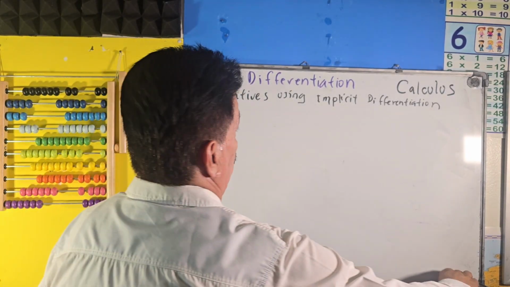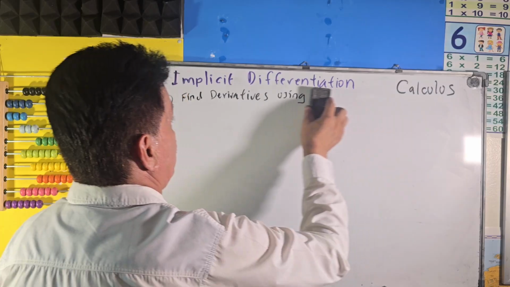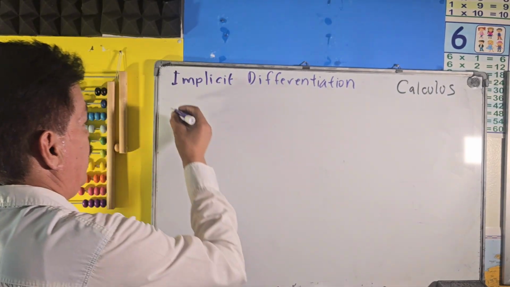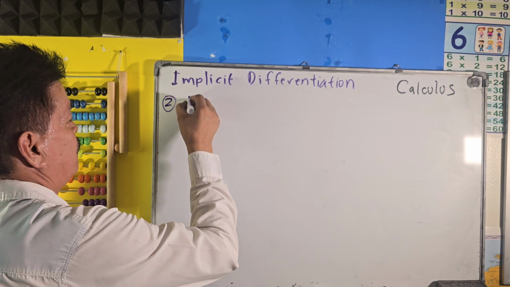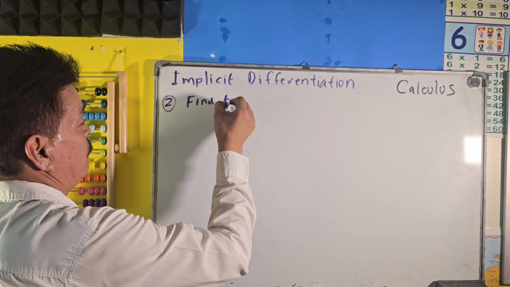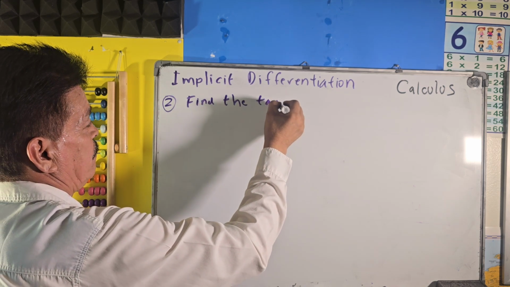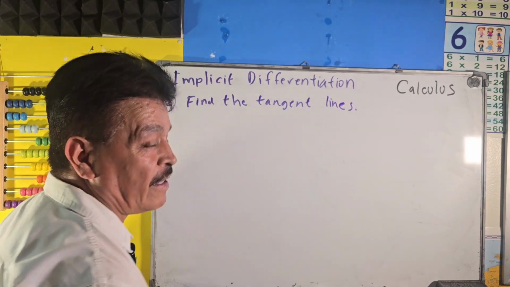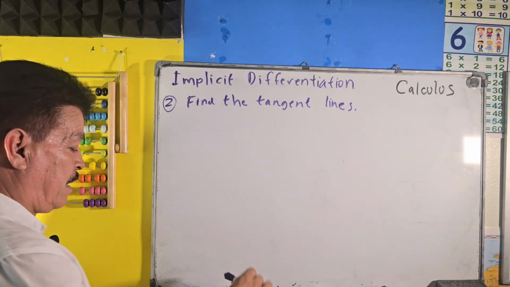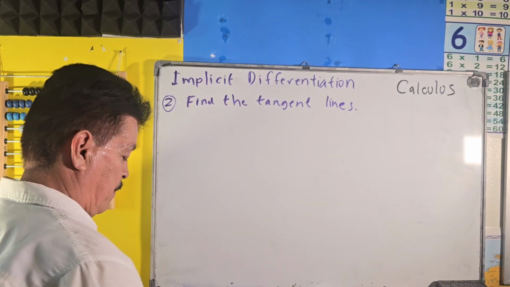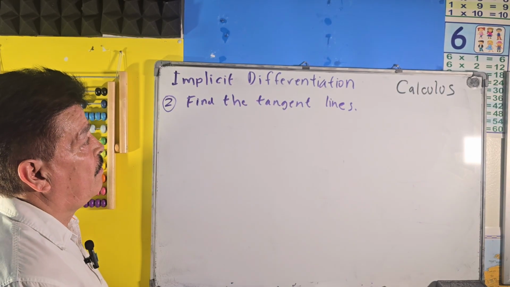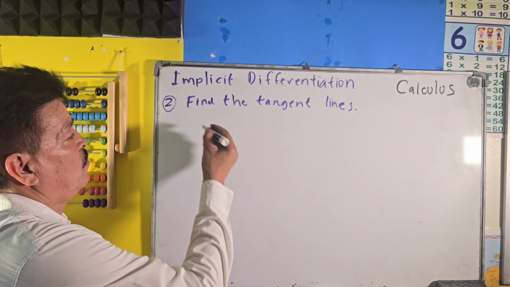Now let's find the tangent line. How do we find the tangent line in this problem, using implicit differentiation, okay?